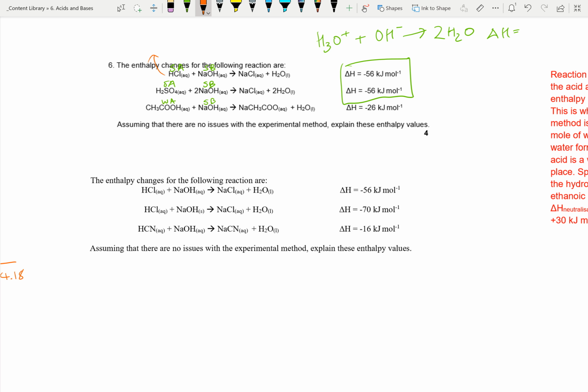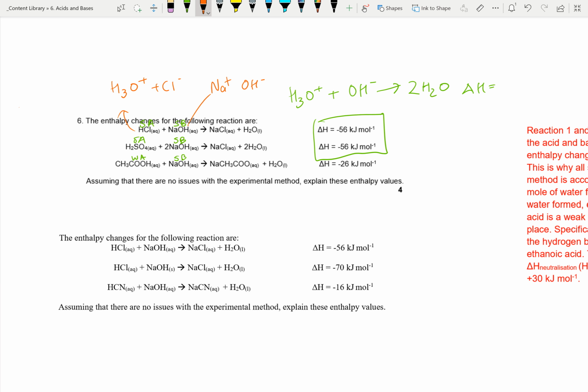So when you pick up a bottle of HCl, that HCl, if you put in solid HCl, will firstly dissolve into aqueous, and that aqueous would bump into H2O, and it would be H3O plus and Cl minus. So when you pick up the bottle, everything's already in this form. And for sodium hydroxide, everything's in this form too. The only reaction that happens is when the hydronium ion and the hydroxide ion bump into each other.